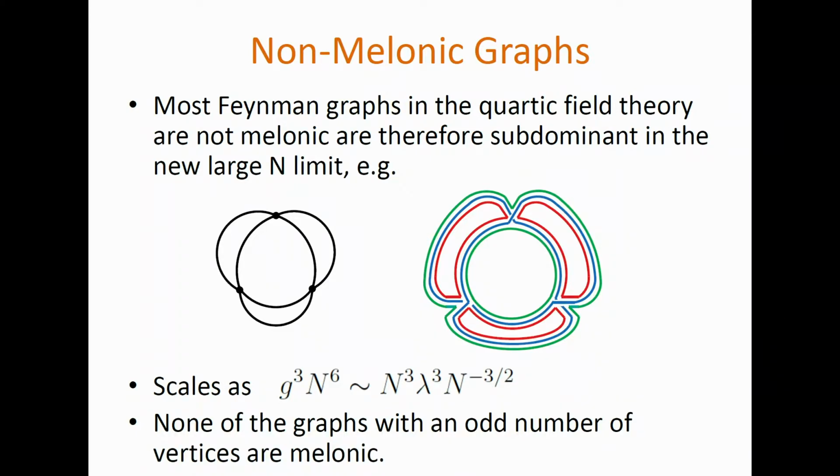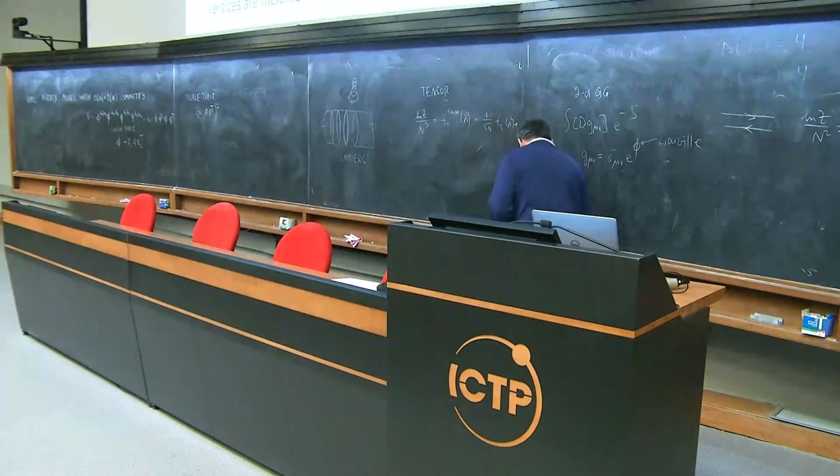Like n^(3-1/2). So no graph with an odd number of vertices is melonic. That's why in the leading large n limit, you will have only functions of λ². The vertices always come in pairs here, and we'll see that it's a function of λ².